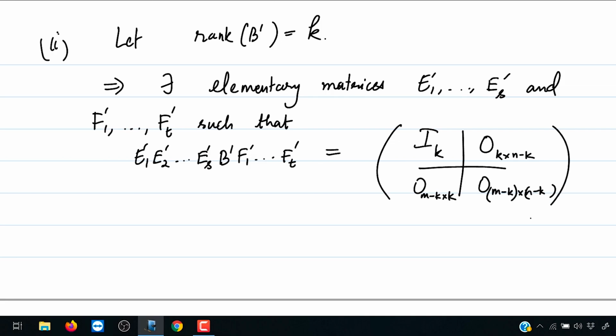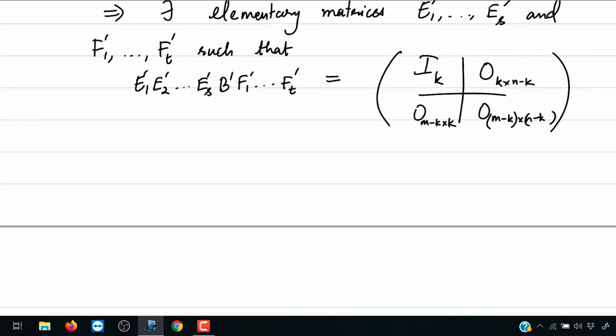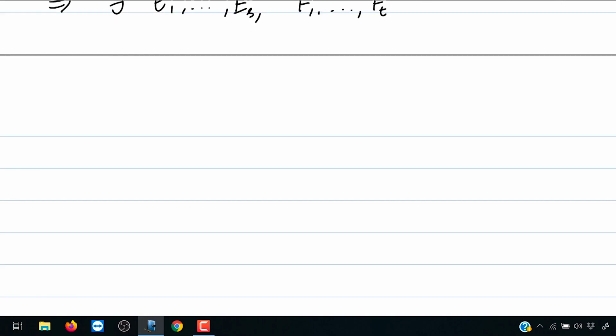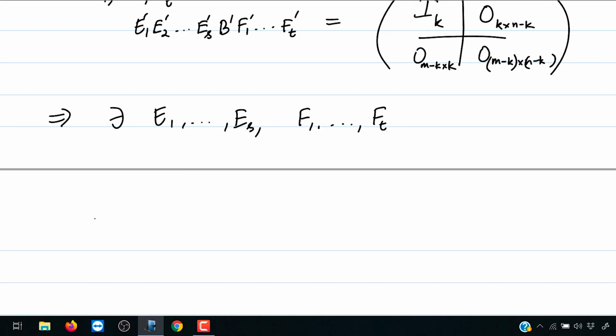Now, by what we just proved, this implies that there exist E1, E2 up to Es and F1, F2 up to Ft at every stage, so that you multiply E1 to Es, B, F1 to Ft by putting 1 in the first entry and zeros in the first row and the first column elsewhere.